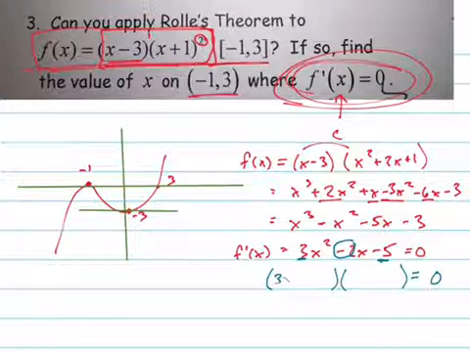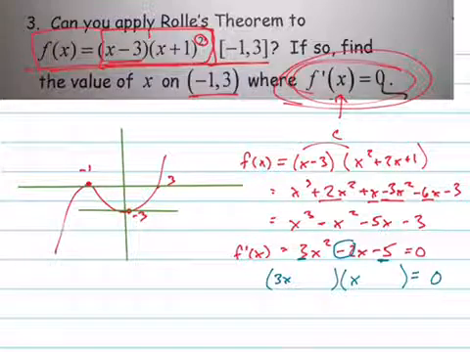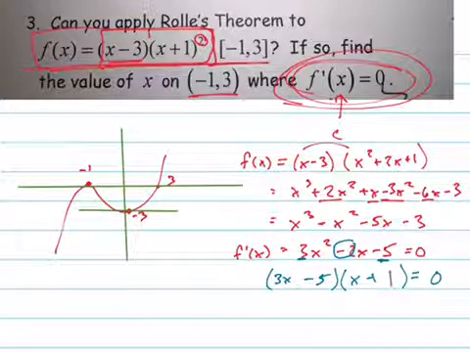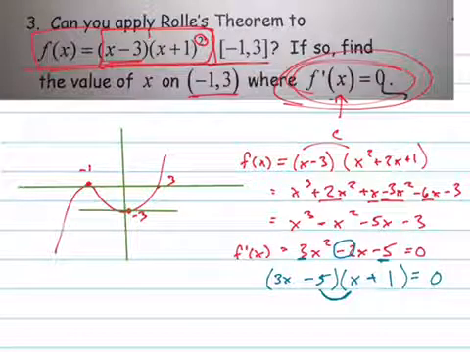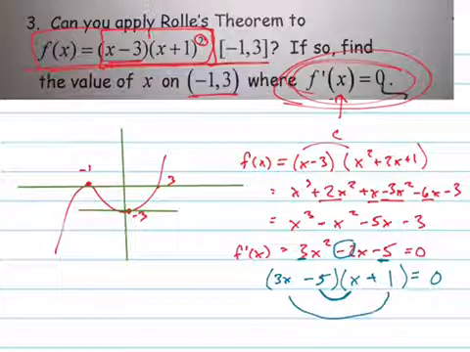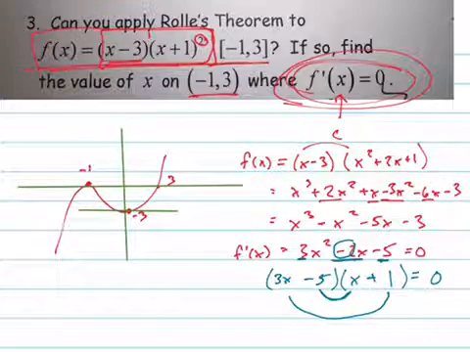I like just using guess and check. But I know it factors. So it's got to be 3x and x. And then it's got to be -5 and +1. But which goes where? Well, -5 would have to go here, and +1 would have to go there. That way, that gives me -5x, and that gives me +3x, which add up to -2x.